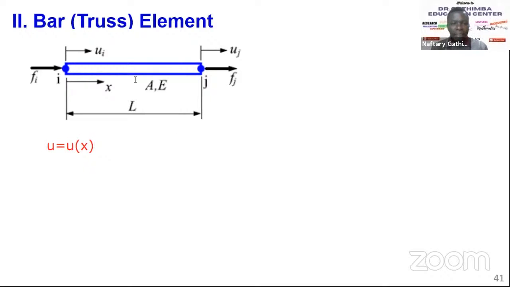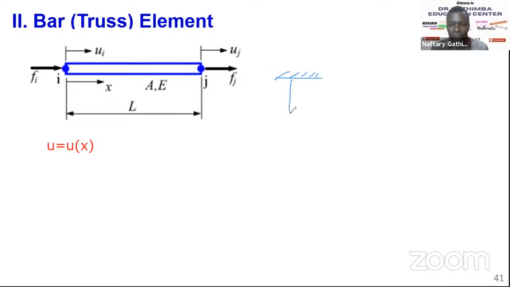What do you mean? Let's assume that we have a fixed edge. This is our bar, so this is a fixed edge here. If we apply a load here, I don't want to go to the cantilever, because at this stage we are talking of the bar element carrying axial load only.